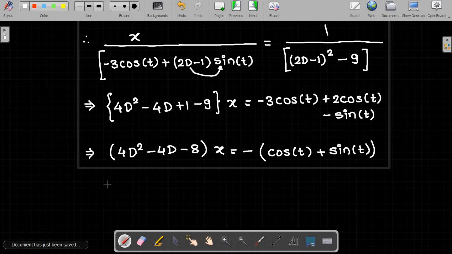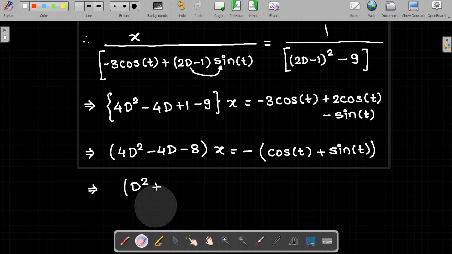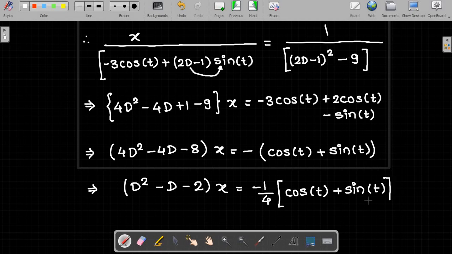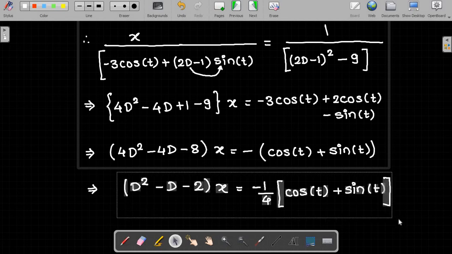So if we take 4 common, our equation will be (D squared minus D minus 2) x is equal to minus 1 upon 4 into cos t plus sin t. So this is the equation that we need to calculate.